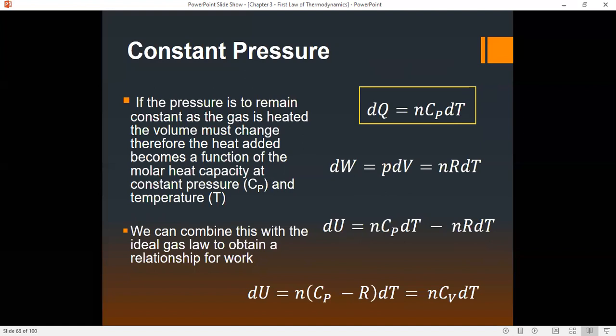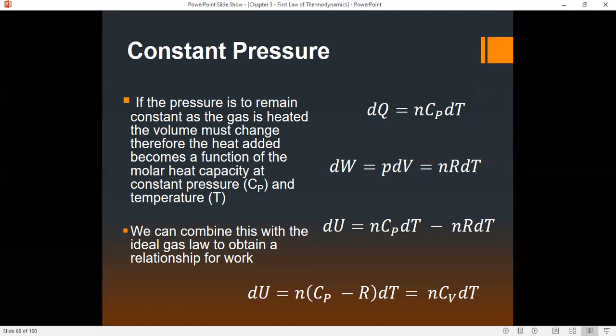Now, the infinitesimal work at constant pressure is P delta V, or in this case, we're writing it as P dV. By the ideal gas law, PV equals nRT, but we're doing this by infinitesimal steps. An infinitesimal change in volume would be proportional to the number of moles times the gas constant times the infinitesimal change in temperature.